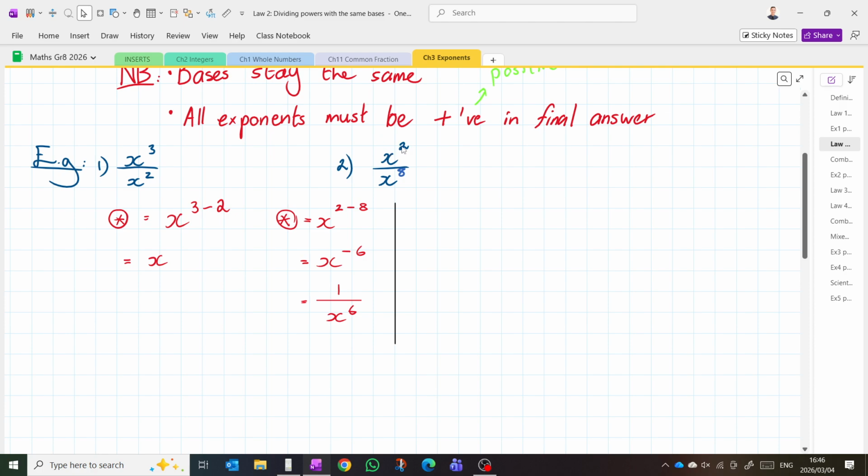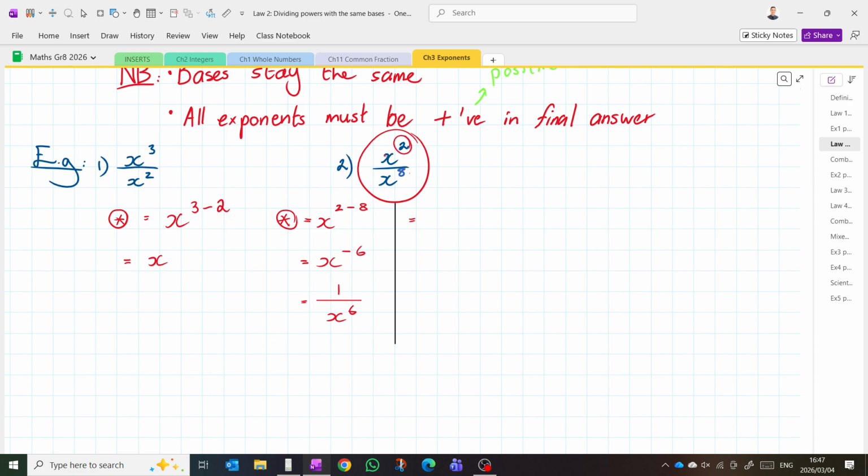I'm going to say that whenever I'm dividing the same basis, I'm going to subtract the smaller exponent from the larger one. So in this case, 8 minus 2. And my answer goes wherever my larger power was. So have a look at how that works. Over here, I said I'm going to subtract the smaller power from the larger one.